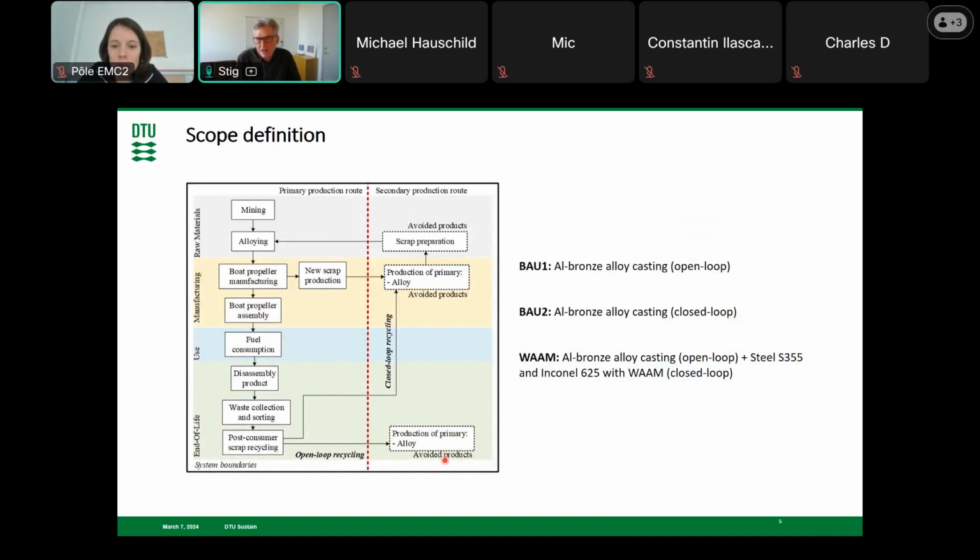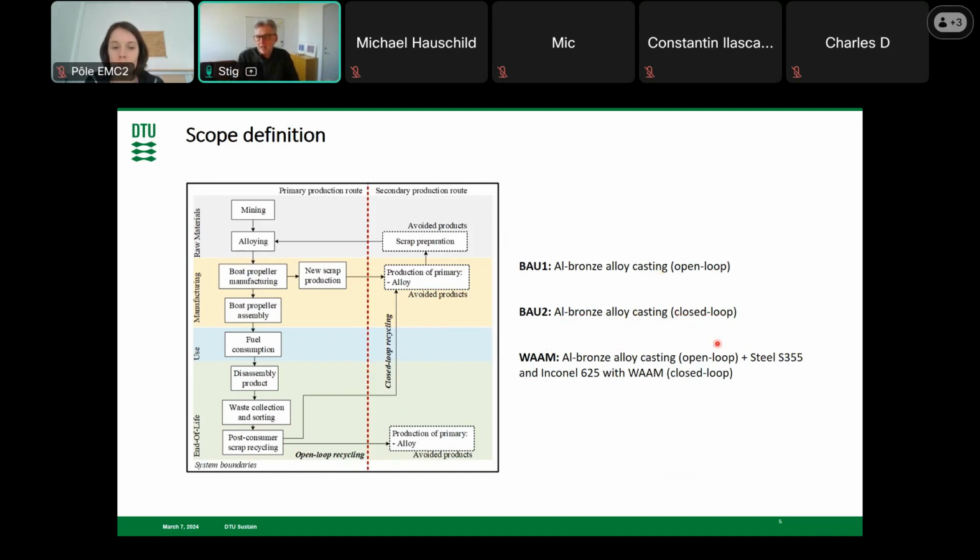So, more simplified, we have business as usual scenario 1, where we have casting in an open loop, meaning that the bronze after the use of the propeller will go into producing copper used in other products, or we have a bronze alloy casting in a closed loop where it goes back and is used in the propeller.